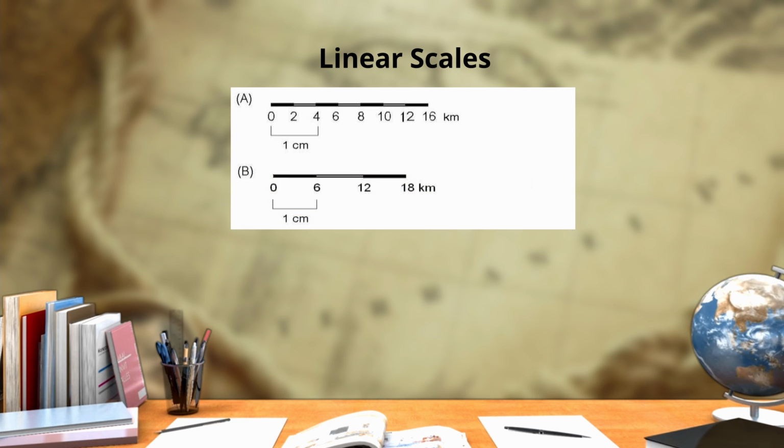Let's look at B. The distance between 0 to 6 is 1 centimeter. The distance between 6 to 12 is 1 centimeter again. The distance between 12 to 18 is 1 centimeter. So we say 1 centimeter on the map represents 6 kilometers in reality.